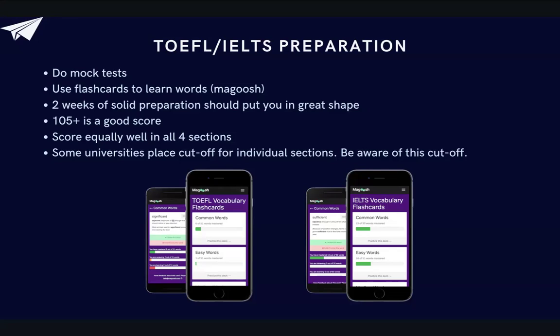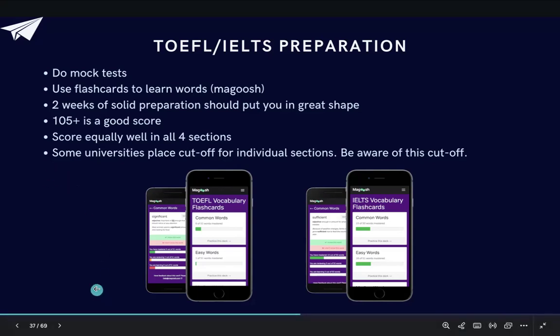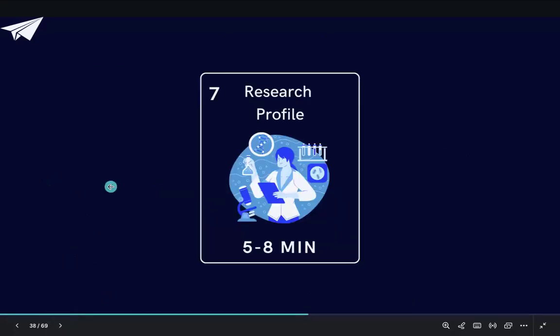If you are not a native English speaker, you might need to prepare for this exam a bit, but again, TOEFL or IELTS are required by most universities, so it's a good idea to prepare, register for these exams and give these exams. Okay, because most universities require a TOEFL or IELTS score basically to test your proficiency in English.